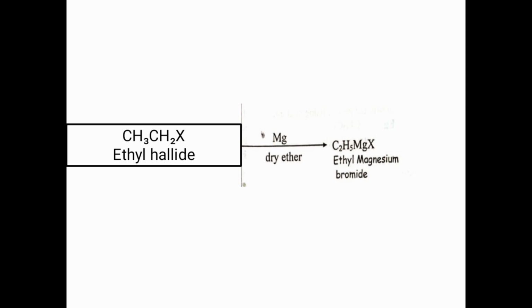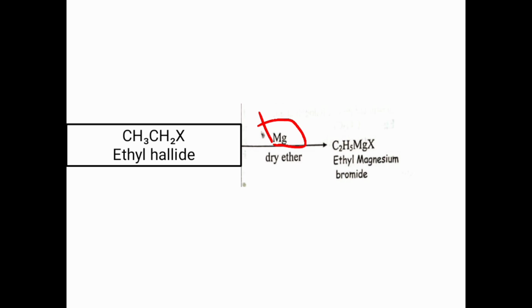In this reaction, this is a simple addition reaction. We can see from the reactant and the product. We are adding magnesium in the presence of dry ether as a medium and solvent, and the product that is forming is alkyl magnesium bromide or alkyl magnesium halide.